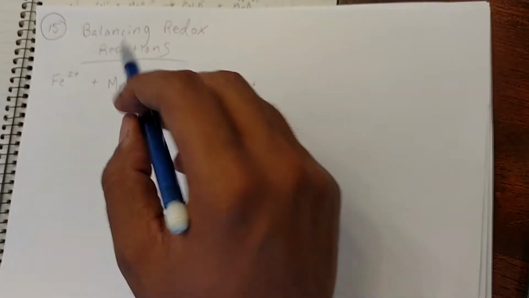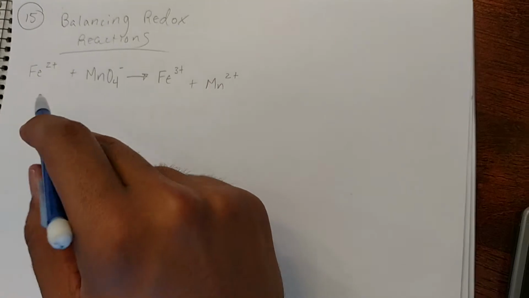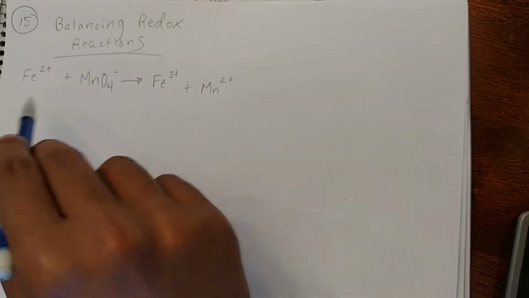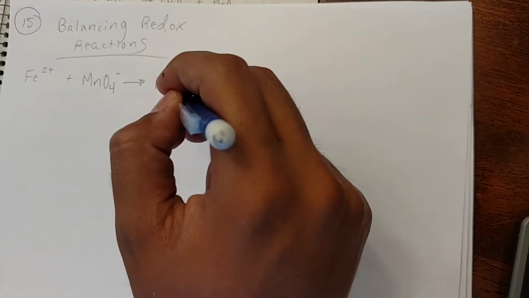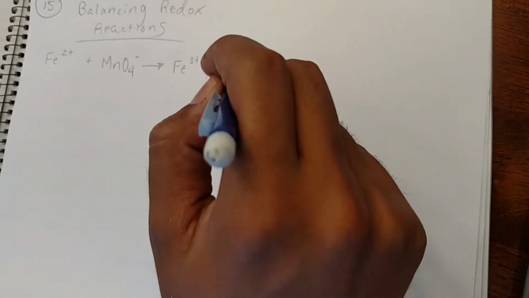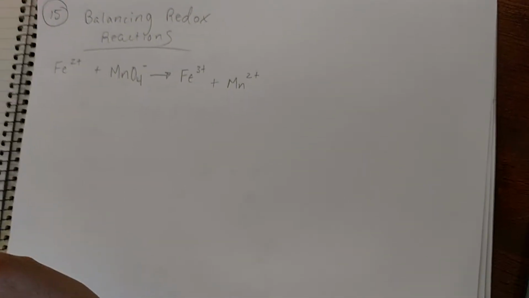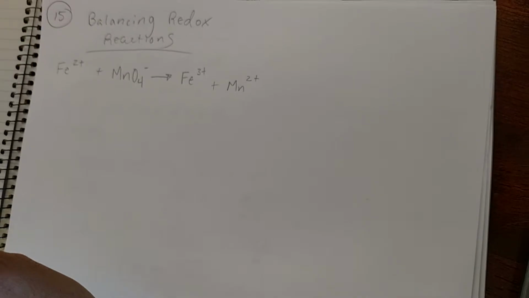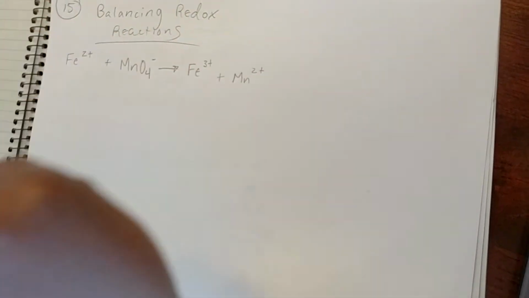Okay, we're going to balance redox reactions. We have a reaction here, Fe2+ + MnO4- yields Fe3+ + Mn2+. To balance redox reactions, we must figure out what our oxidation and our reductions are.